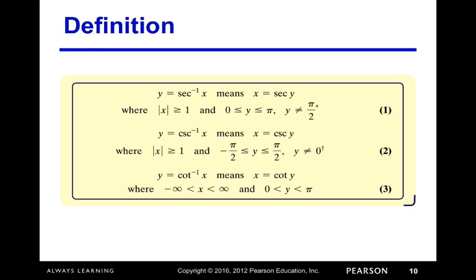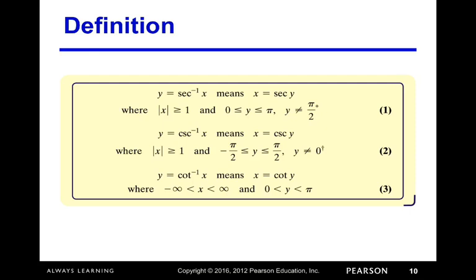Secant is x, absolute value of x is greater than 1. So in other words, it's everything greater than 1 or less than negative 1. And the range is from 0 to pi, so it's in the second quadrant. Now secant, remember, matches cosine, so it makes sense that we're looking in the same quadrants for secant and cosine, except it can't be pi over 2 because it's undefined at pi over 2.